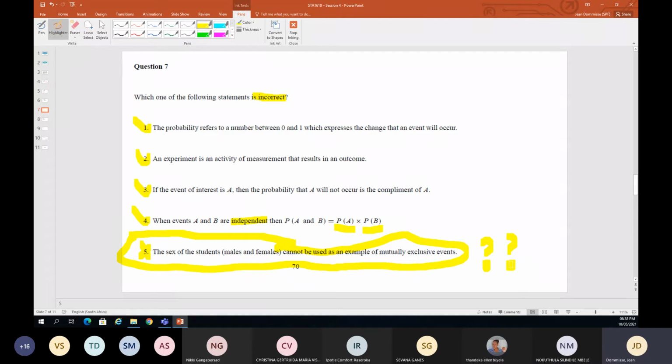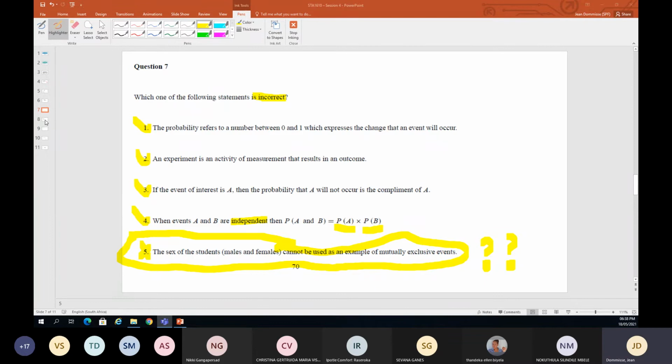When it was only male and female, obviously things have changed. So this question will not be in the exams anymore, but it is an interesting one if they do that in the exam, because then you can say that is also incorrect. That was supposed to be the incorrect one.